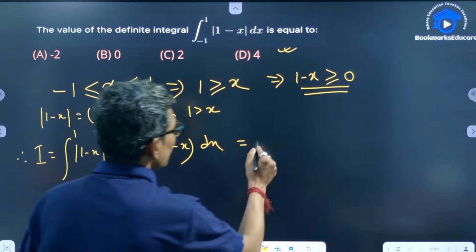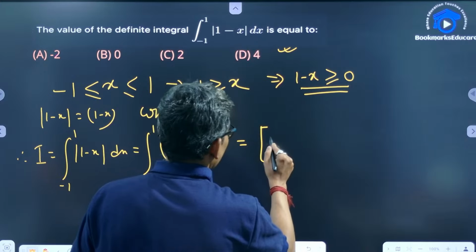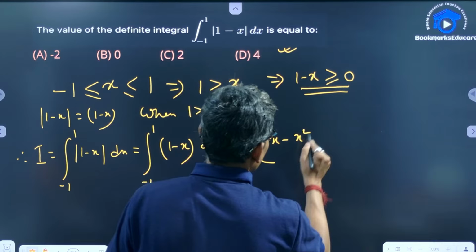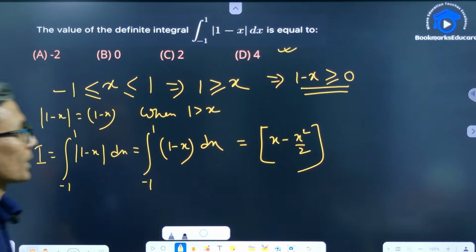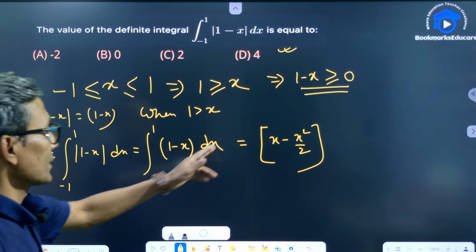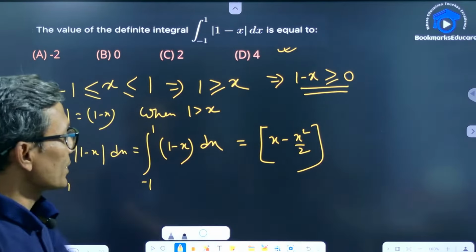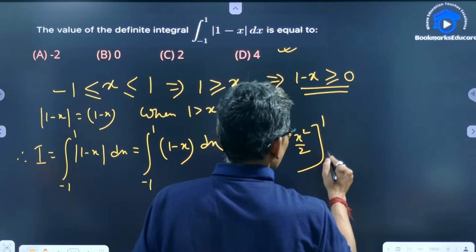So now x minus x square by 2, integration of 1 dx means x, minus integral of x dx means x square by 2, from minus 1 to 1.